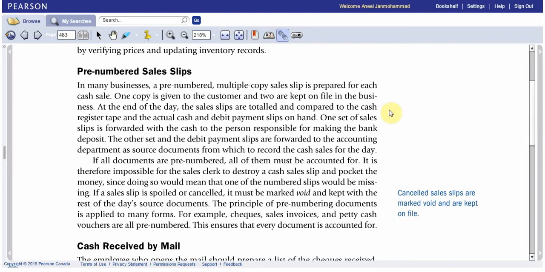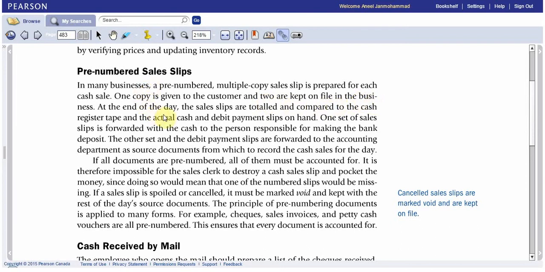So multiple copies of sales slips are prepared. One copy is given to the customer, so the customer can have their record, and two are kept for the business. In this book, I know sometimes businesses only keep one, but for the purpose of this book, let's talk about two being kept for the business.